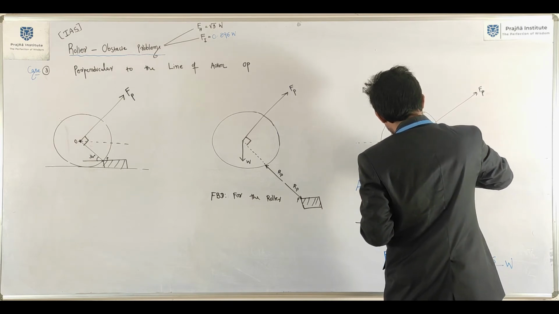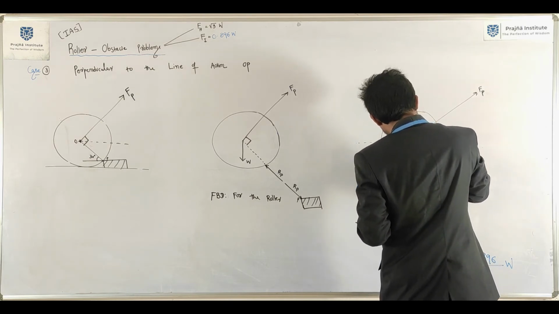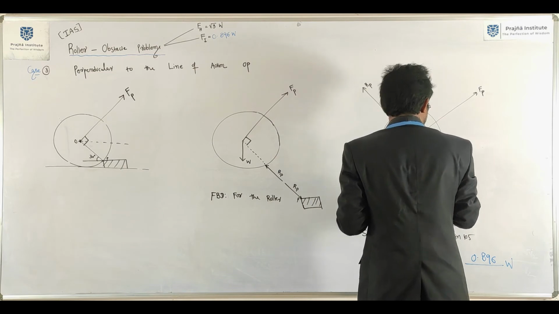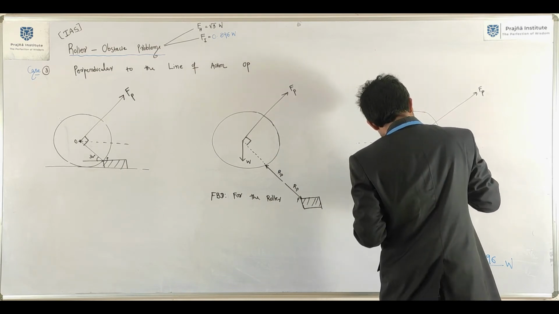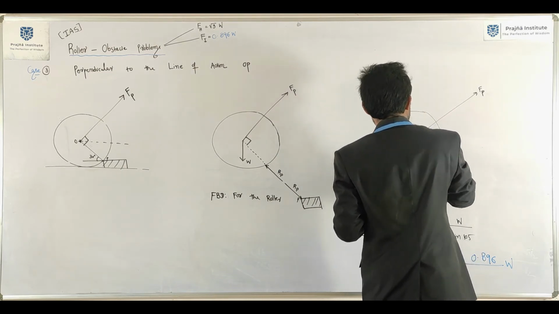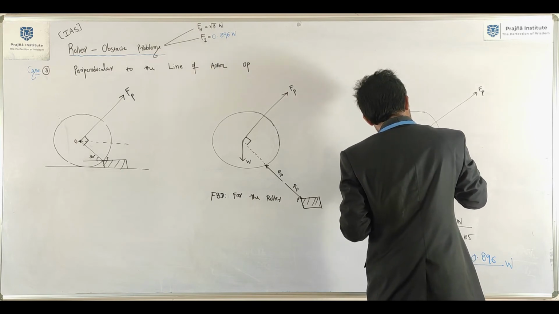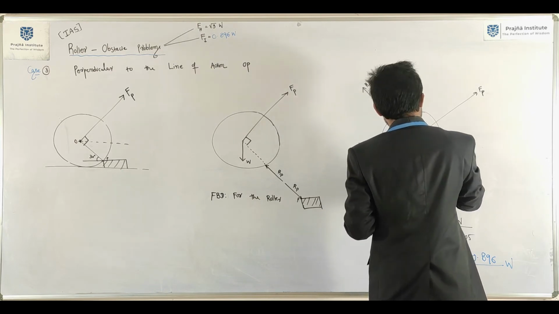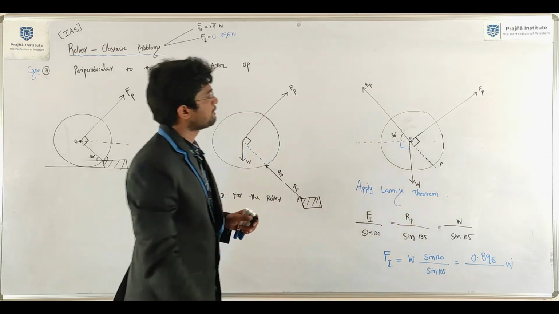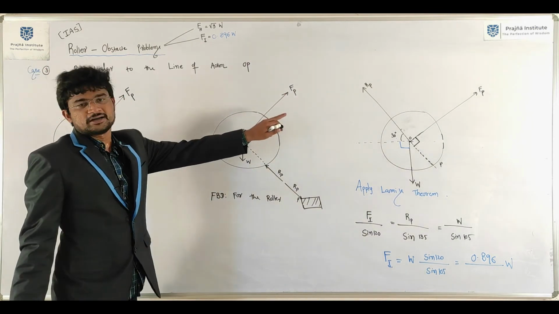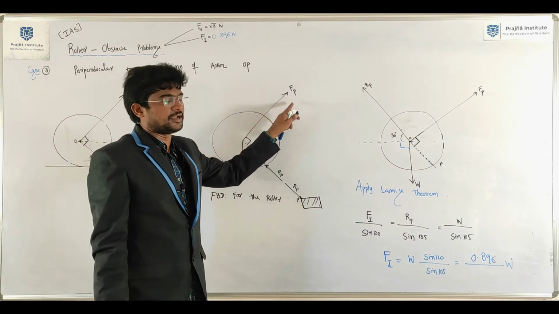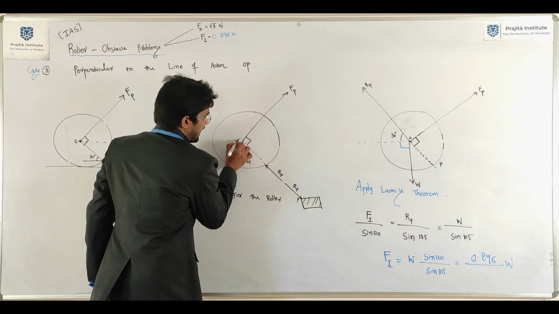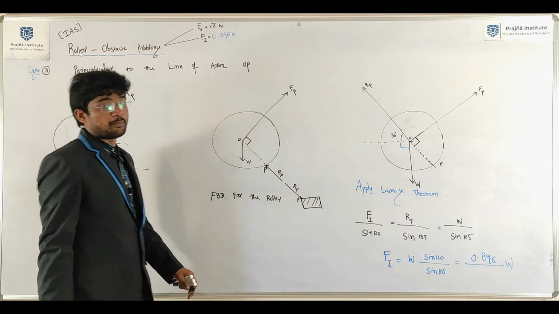Here it is acting, it is O, it is P, then it is making an angle perpendicular, okay? It is perpendicular to OP. In this case, the force FP is acting perpendicular to the line of action OP.